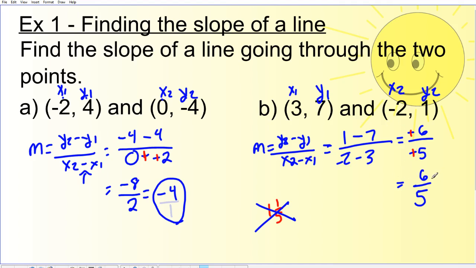So I'm going to leave it as 6/5. If your calculator says this, no, we want that. It doesn't make sense yet. Why? It's going to be for when we graph. When graphing, we really like our answers, our slopes as fractions. So we're going to kind of keep fractions.